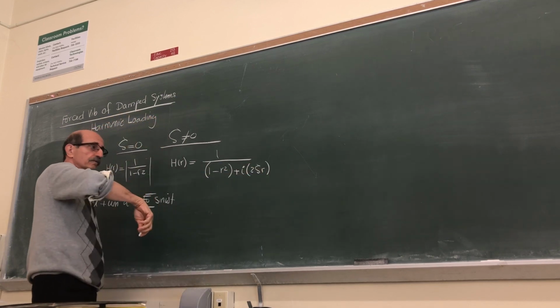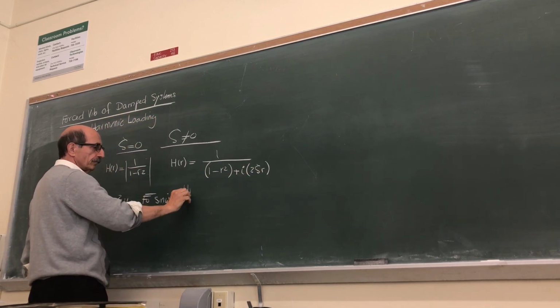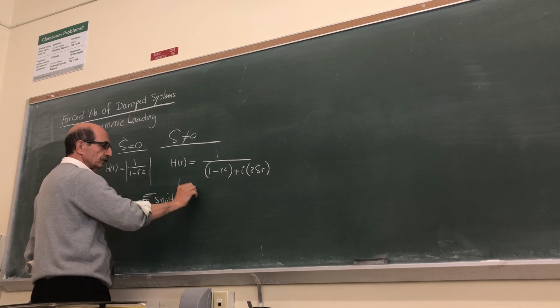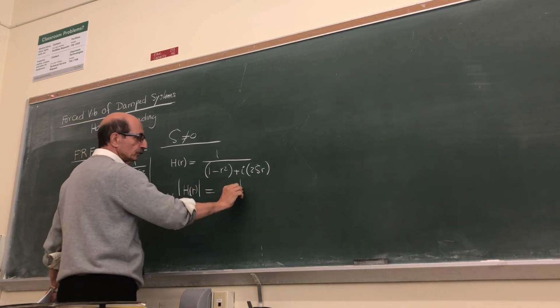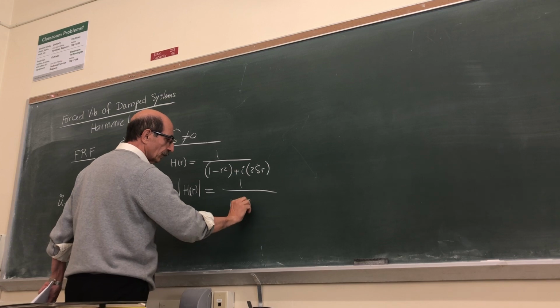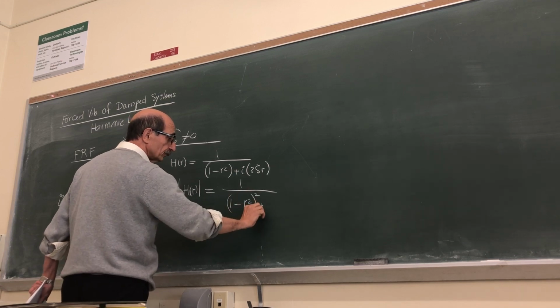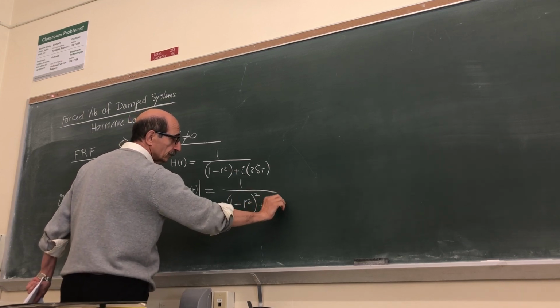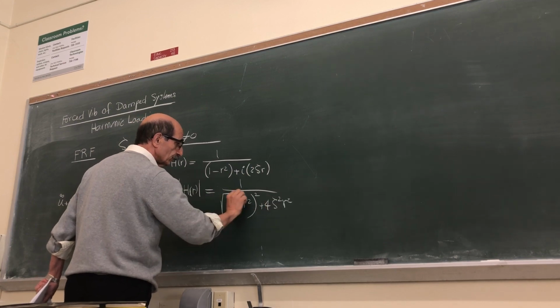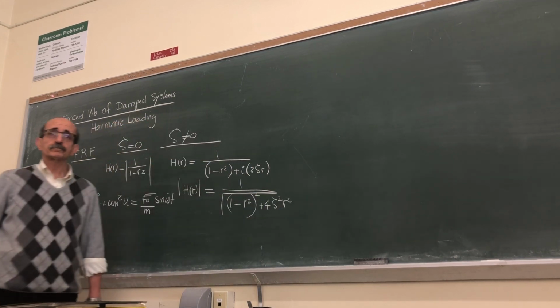Or the magnitude of that, which we plotted, was 1 over the square root of (1 minus r squared) squared plus 4 zeta squared r squared. So we plotted that.